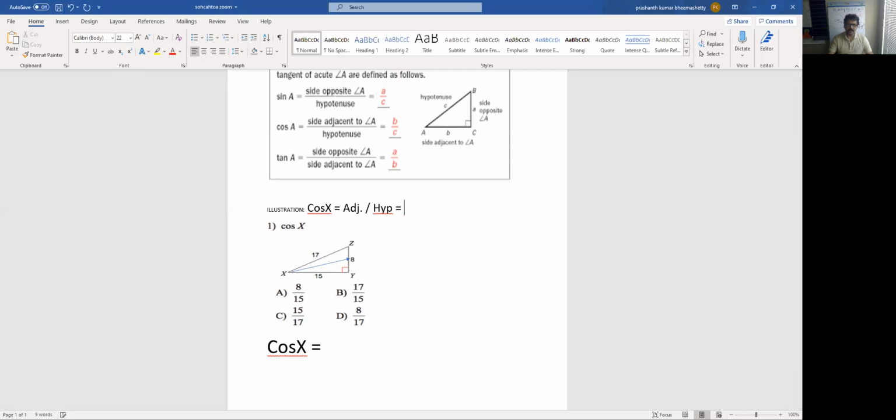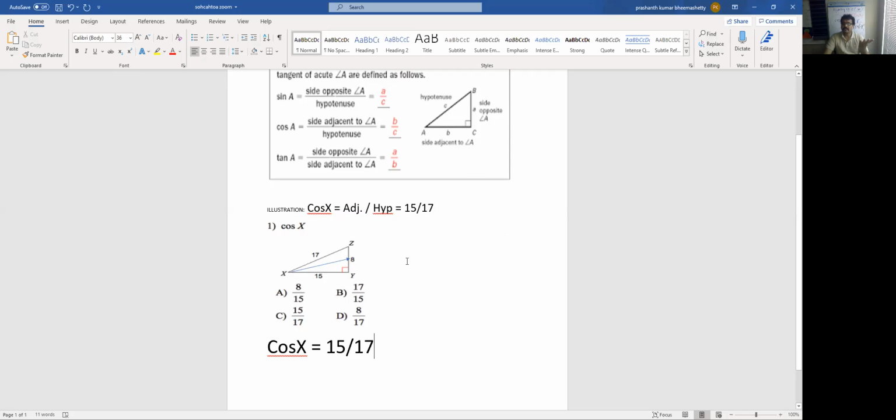So that should give you the adjacent side is 15, right? Yes, because 8 is the opposite side to angle x. So the adjacent side is 15 and the hypotenuse is 17 along this side. That's it. So we got cos x as 15 over 17.